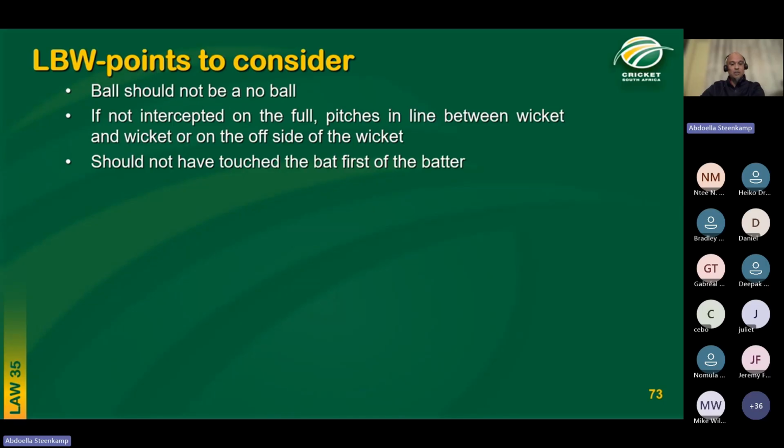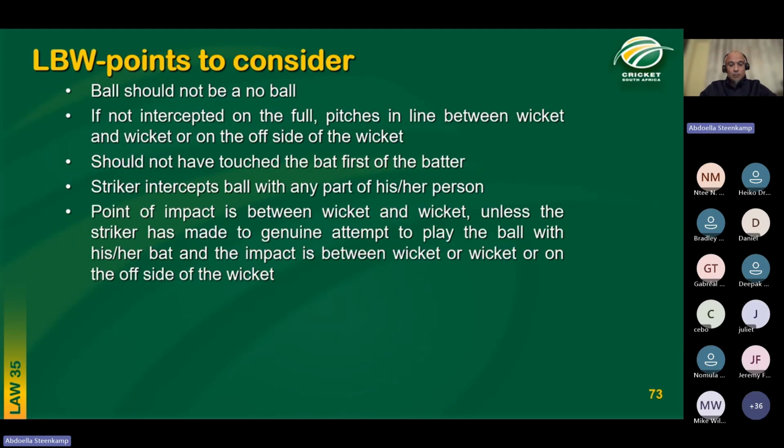But there are other points that we also need to consider. Next, striker intercepts the ball with any part of his or her person. When it comes to the point of impact, the law wants the point of impact to be between wicket and wicket. There's one but, and that but is if there's been no genuine attempt to play at the ball with the bat by the striker.